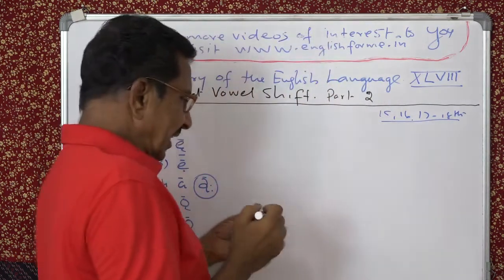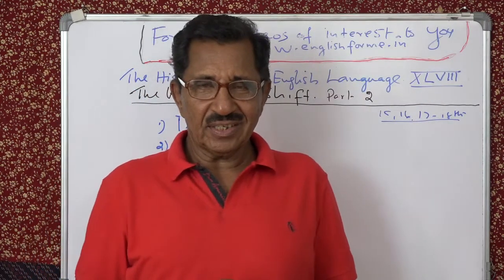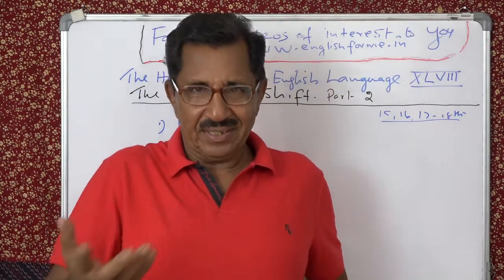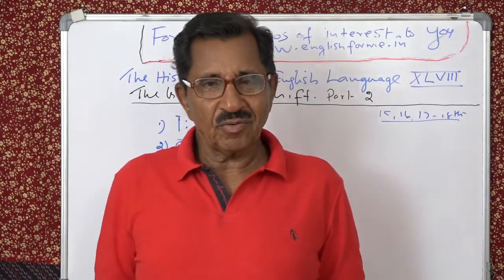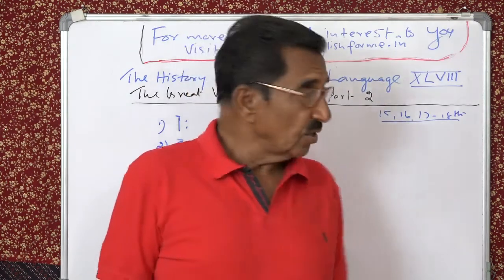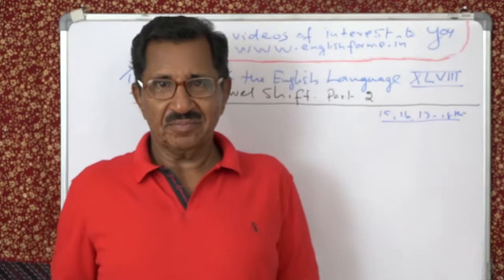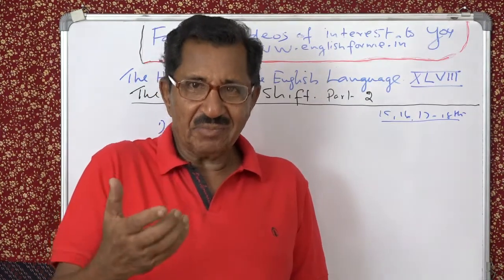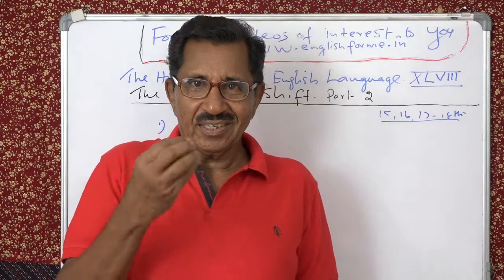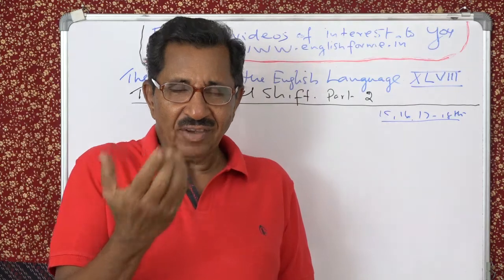These are the changes that happened to the Middle English long vowels during this long period of time. Understand? I am going to present it before you with examples and the final result also.